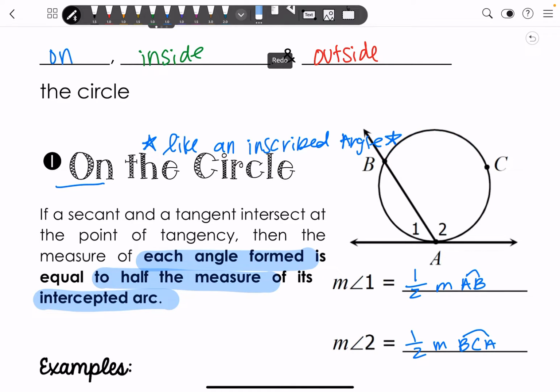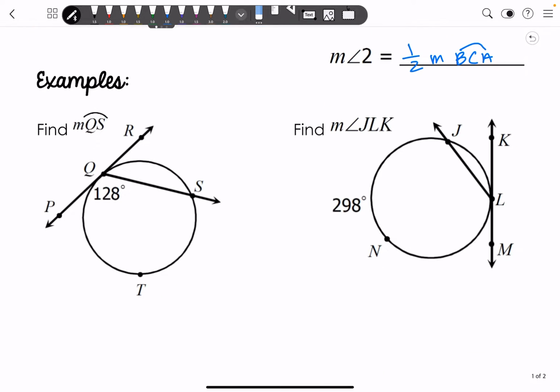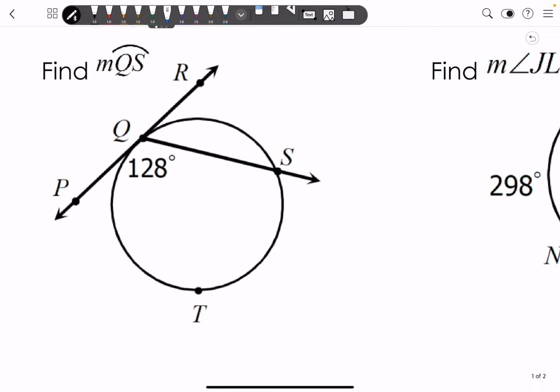So let's go ahead and do an example. The first one that we're going to do is we're going to find the measure of arc QS. In order for us to find the measure of arc QS, we either need the measure of arc QTS, or we need the measure of angle RQS.